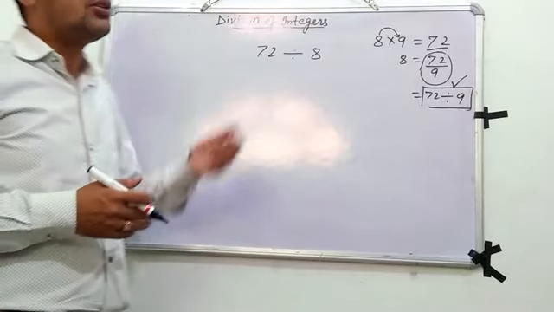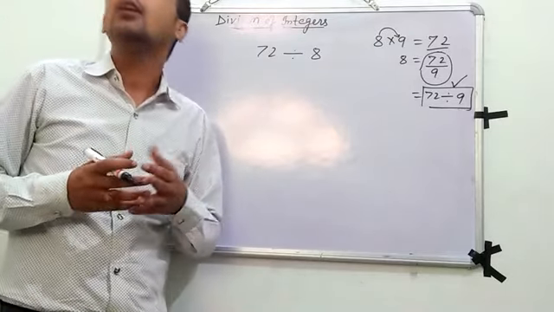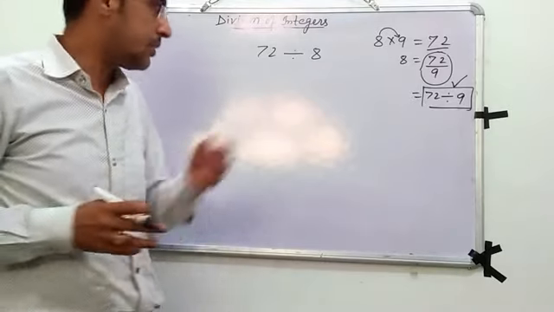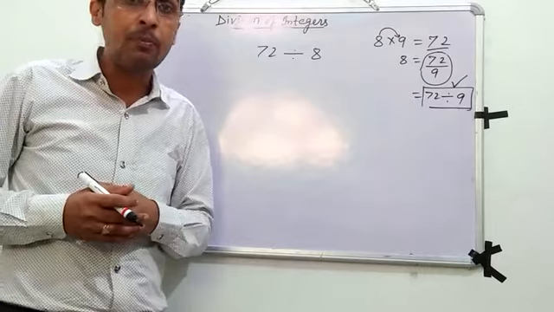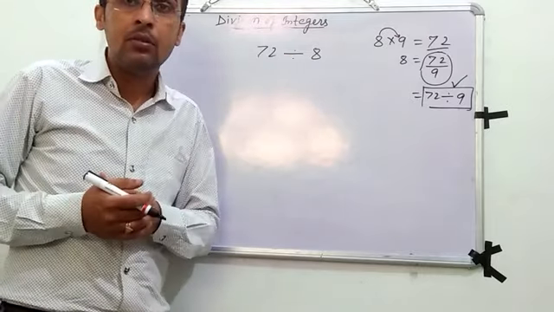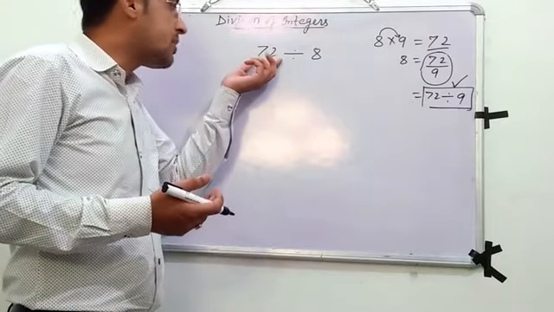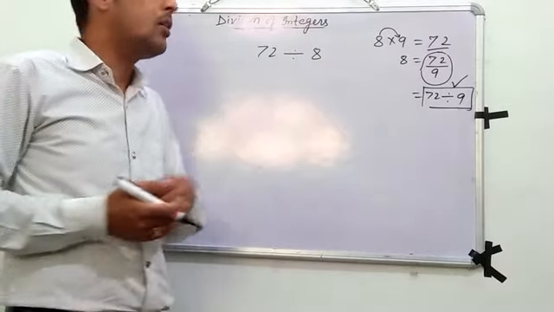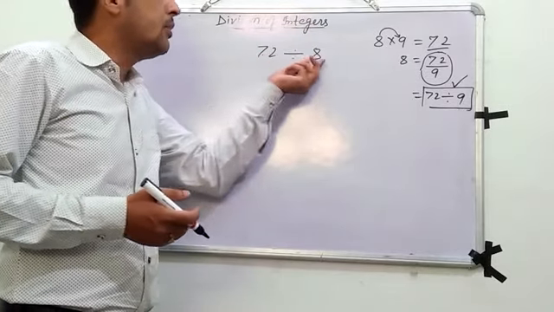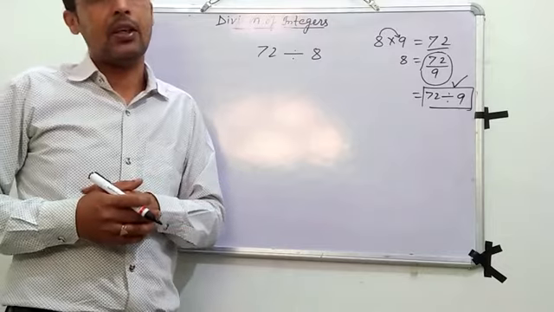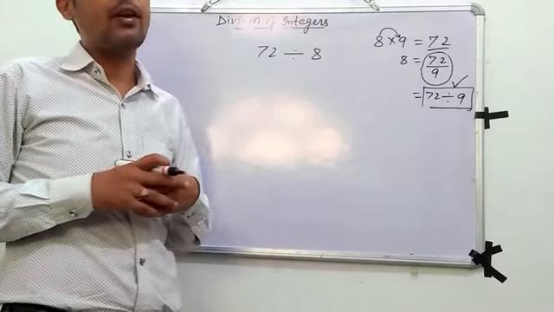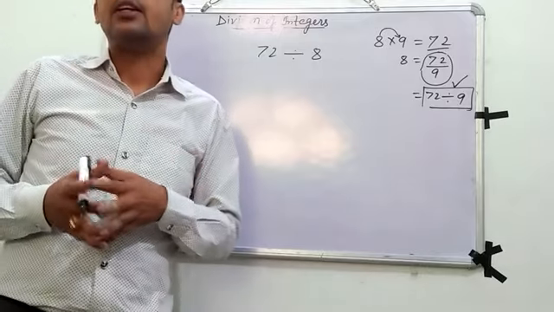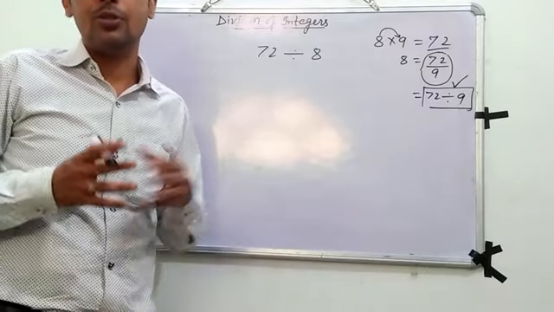So integers, we know, may be positive or negative. It means 72 and 8 may both be positive, or both negative. One may be positive and the other negative, or the reverse. Because the definition of integers includes all the positive and negative integers along with 0.